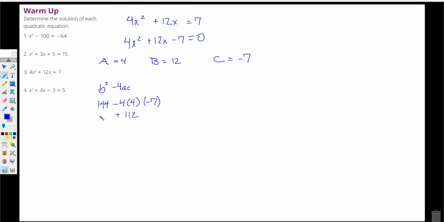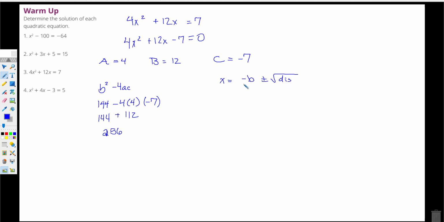And that's going to be plus. So 144 plus 112 is going to be 256, excuse me, 256.